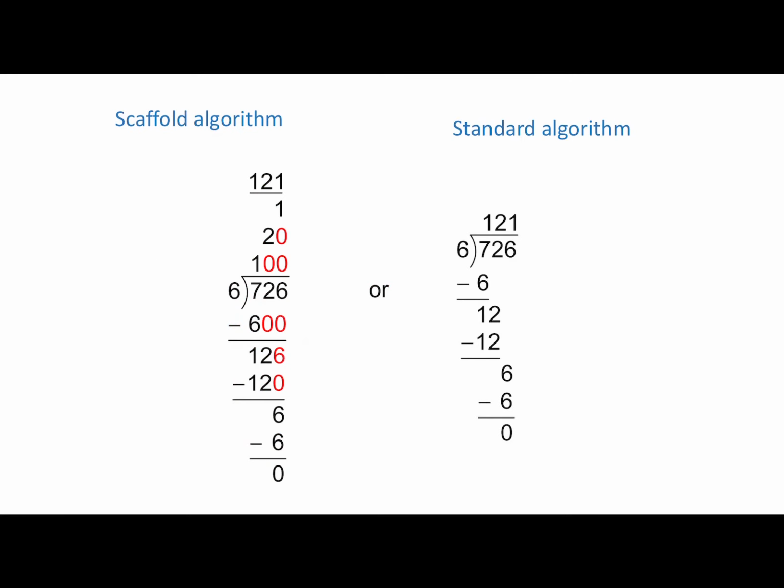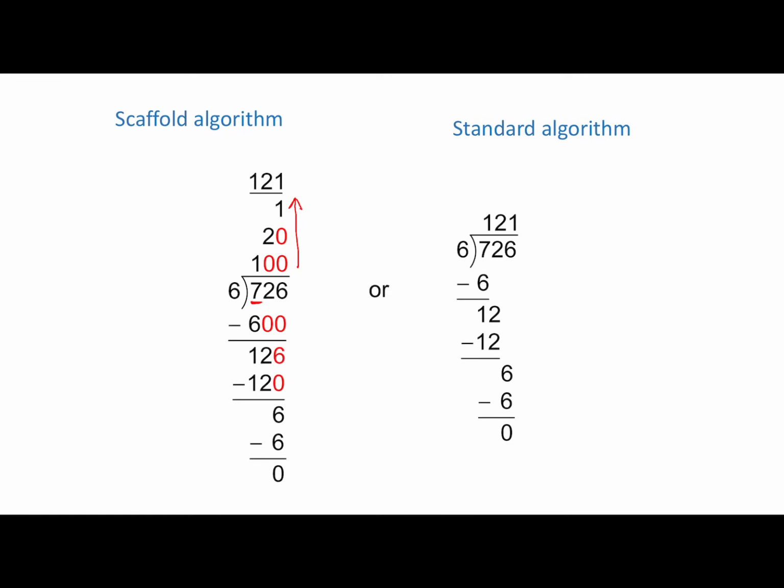All right, once kids get comfortable with the long sevens, you can start moving them towards the standard algorithm. The scaffold algorithm is called scaffolding because we've got this sort of scaffold thing going up here. So again, when you divide 6 into 726, the first thing you're going to do is look at the hundreds place.